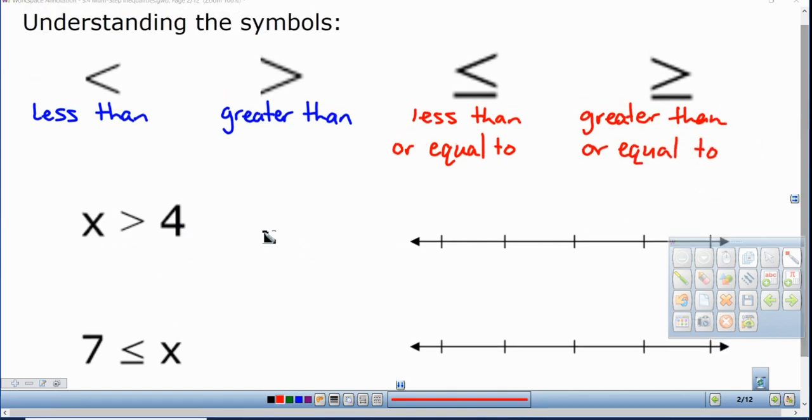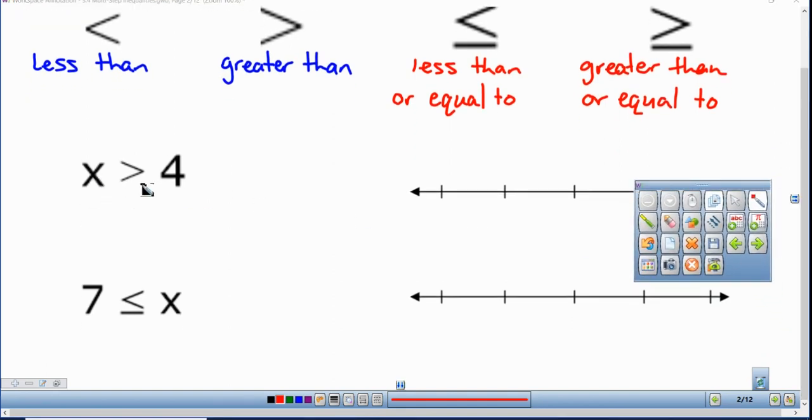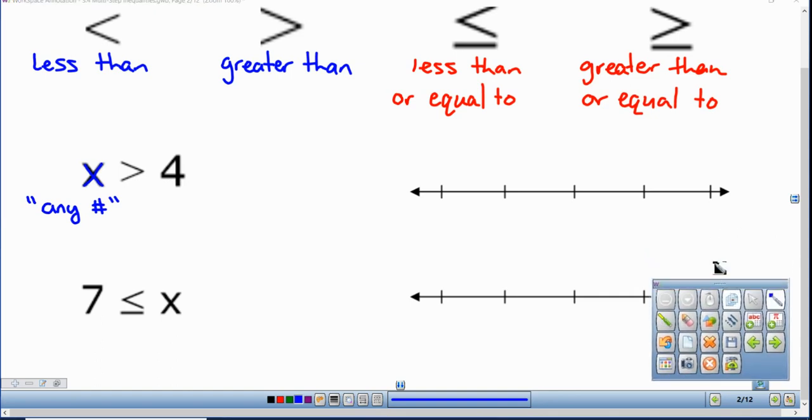Now, when we are talking about the solutions to such an inequality, I like to rephrase this. Sometimes when I read my variable, I'll read it as any number. So I'm saying any number greater than 4. And we want to illustrate that on this number line here. So I would put 4 on my number line somewhere, probably in the center.